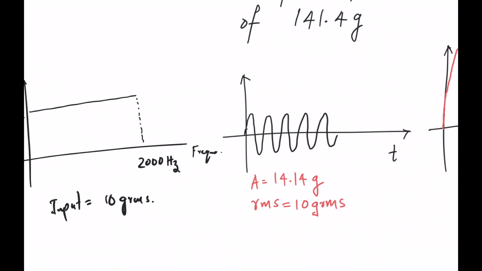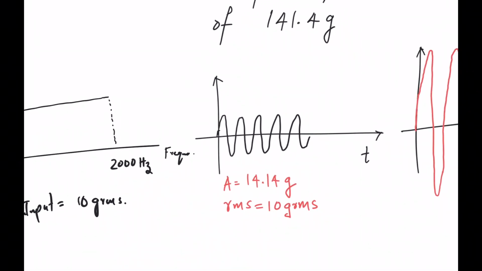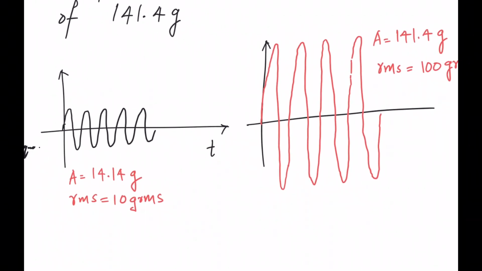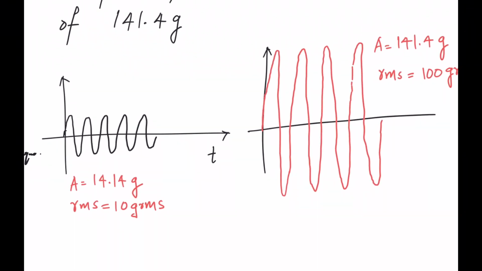The response of this system, for the same parameters with a natural frequency of 200 hertz and a magnification factor of 10, will look like this. Now you see the amplitude has gone up and the RMS value has also gone up. So in a nutshell, this is over testing. The damage potential of an equivalent sine test will be much higher here.